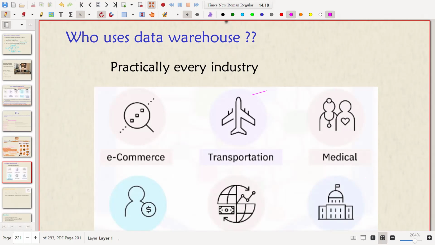Medical, of course, you are storing medical data. For example, I want to go for an eye test, to change my specs. If I go to the optical doctor, and I don't have my history with me, he has that history already.